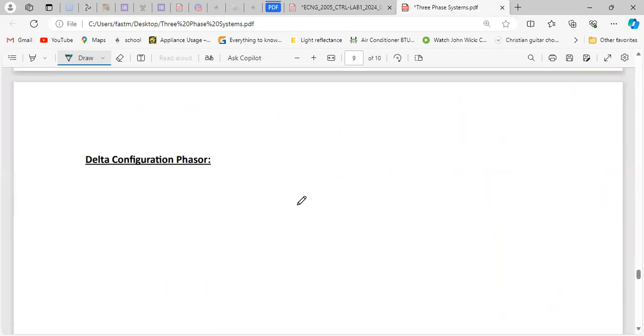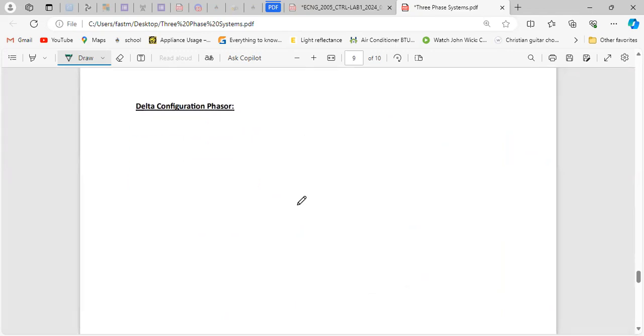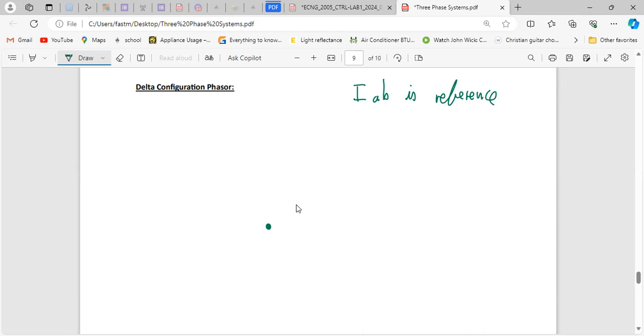Right? Nice. So if we plot in the delta, same idea. You draw a reference, you draw the dots. So let me say we use IAB as the reference. So you have IAB coming out here.